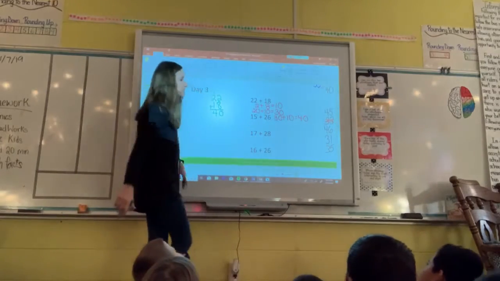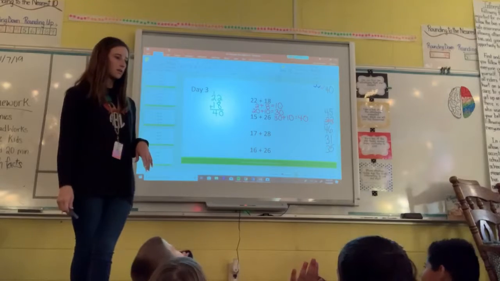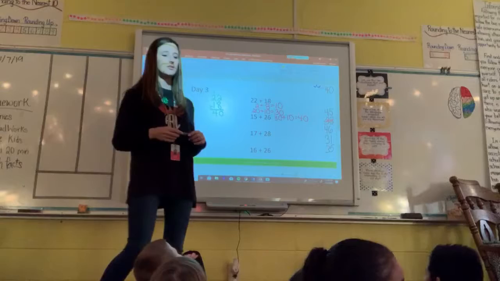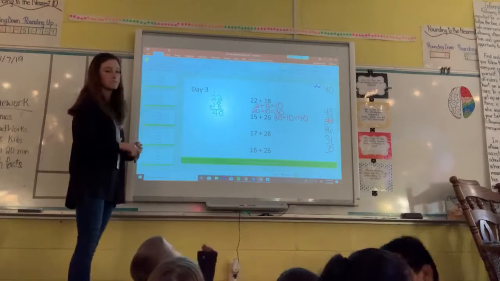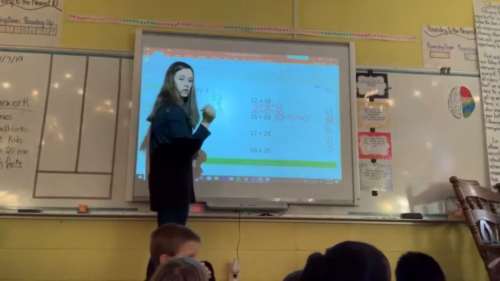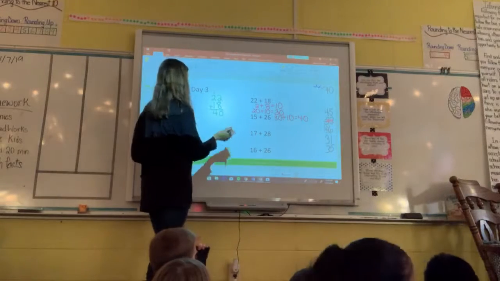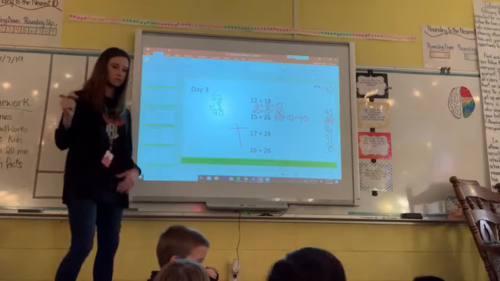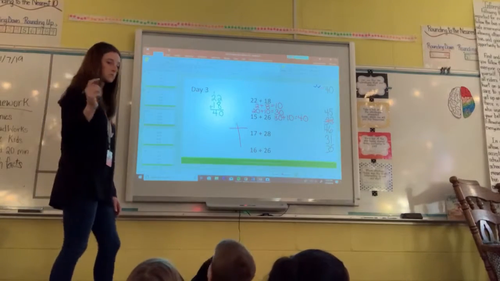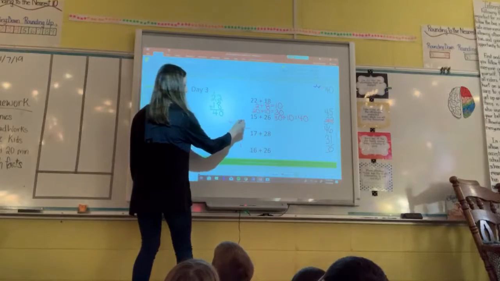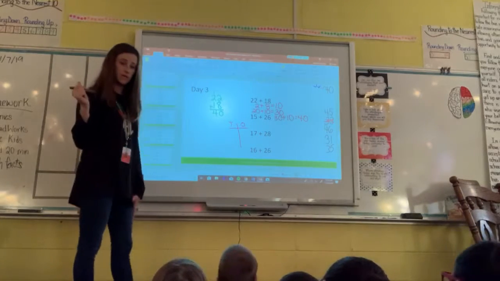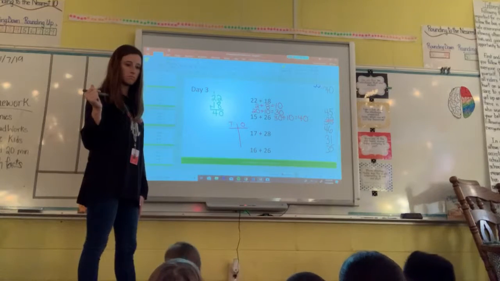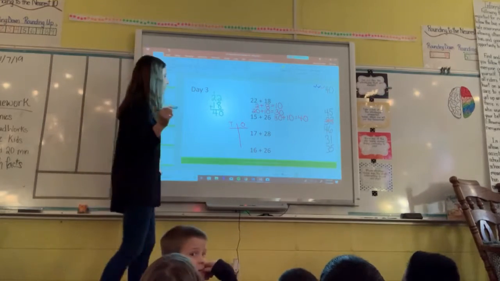Okay, how about the person who got 45? That was me. Okay, Emily, would you like to share a strategy that you used to get 45? You used a T-chart, okay. And how did this T-chart look? And the first I put 8 in the ones place.